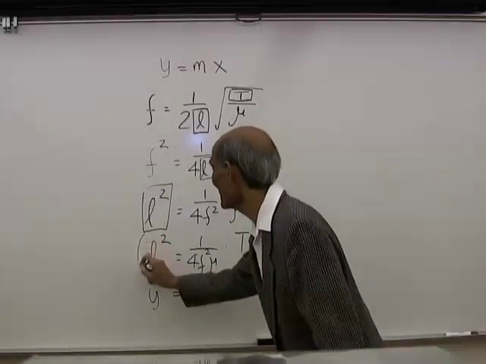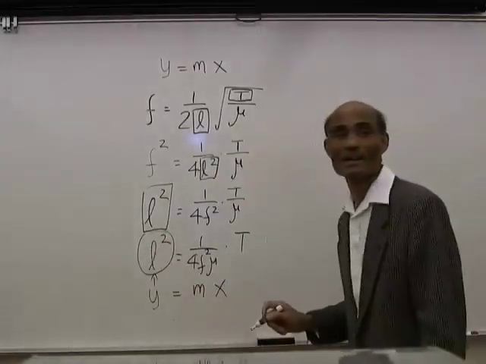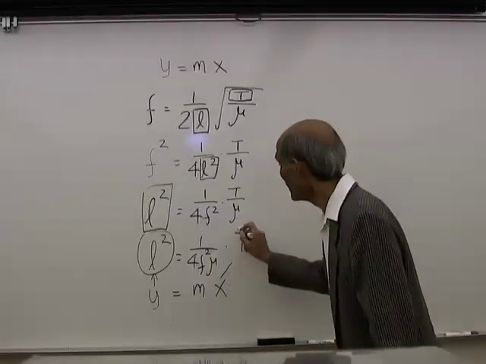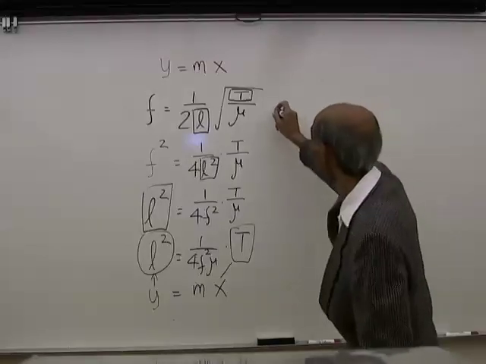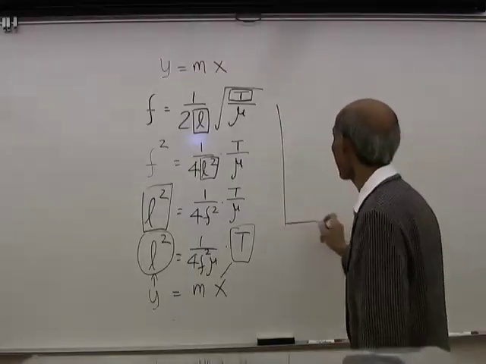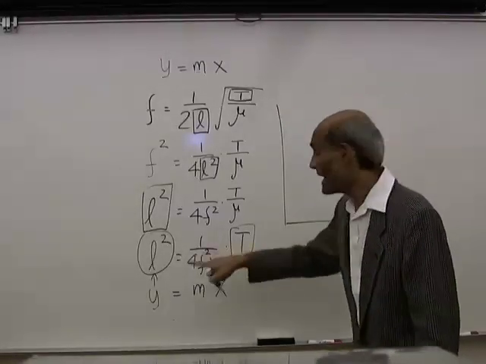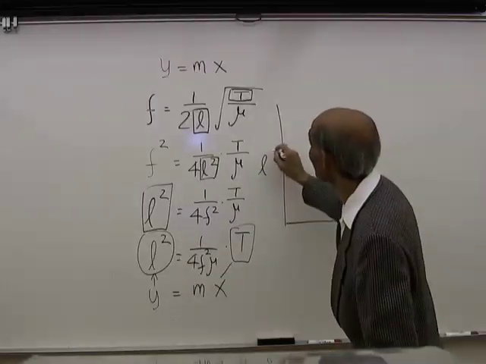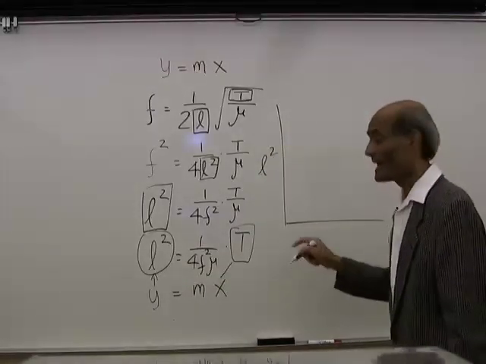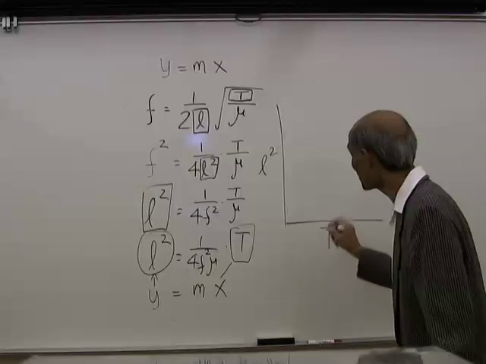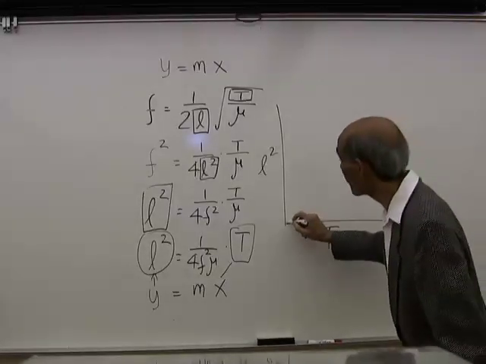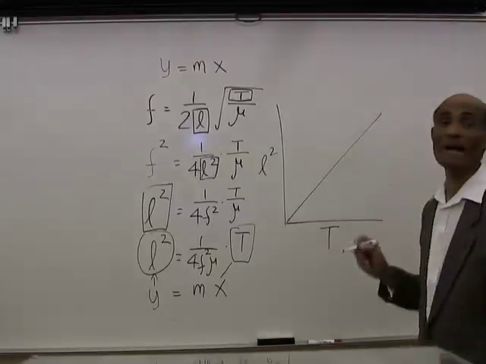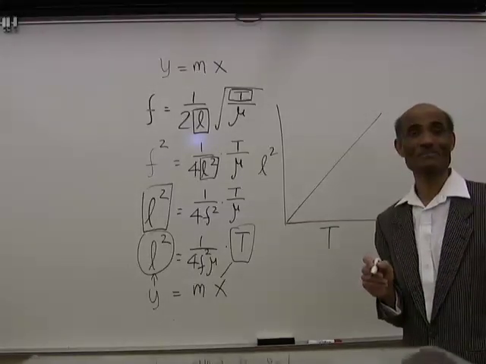Y is L squared. And what is x? X is t. And that means if you now draw a graph of L squared on the vertical axis and t on the horizontal axis, that graph will be a straight line passing through the origin.